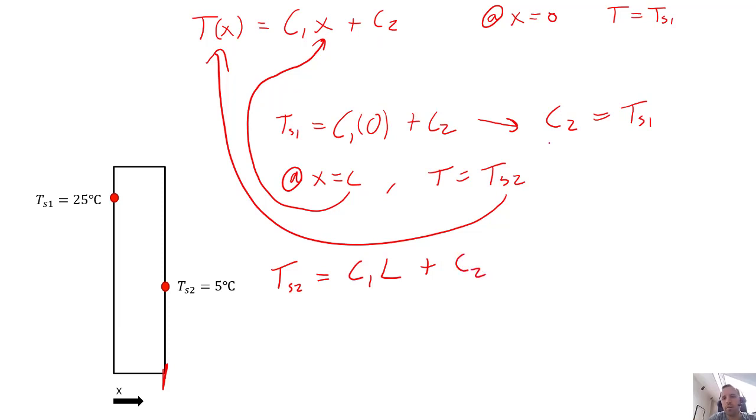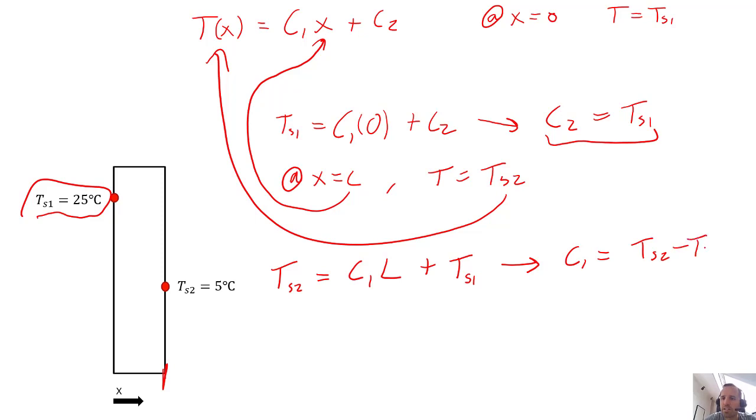But to make our lives a little bit easier, we know that C2 is already TS1. So let's stop talking about this C2 that we don't really know what it is and start talking about TS1, which is this measurable quantity. Okay, so now we are left with one equation and one unknown, so we can go ahead and solve for C1. So we end up getting that C1 is equal to TS2 minus TS1 divided by L.